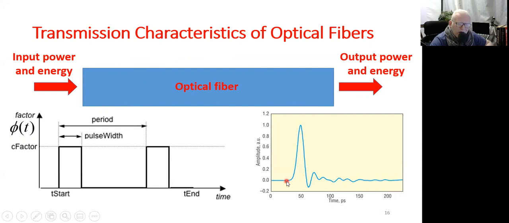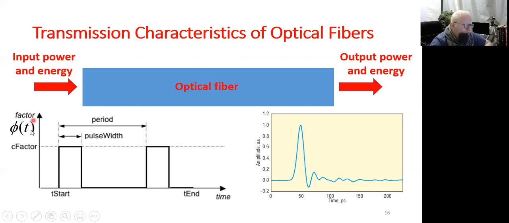So if you first compare the input and the output, you will find that we have two main effects inside the optical fiber. The first effect is the energy transmitted.